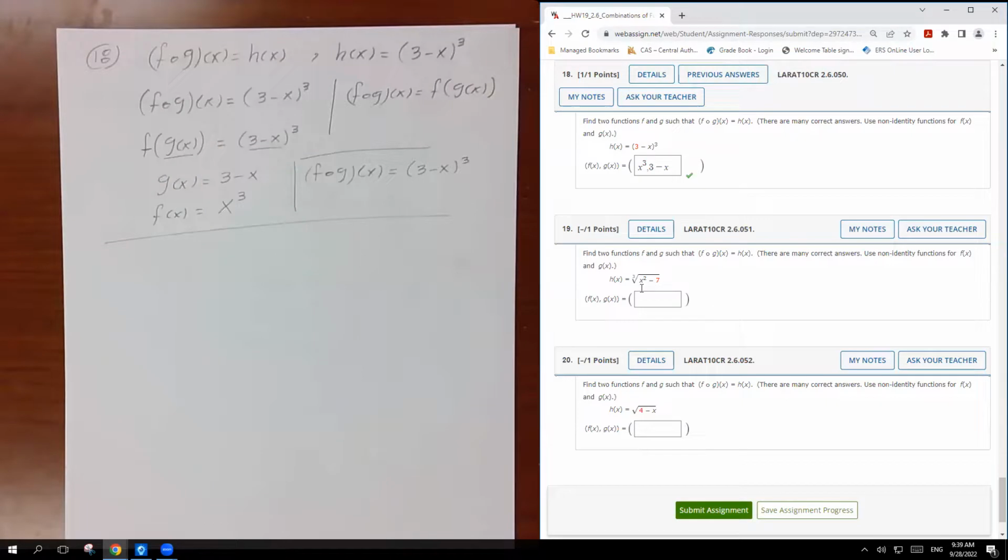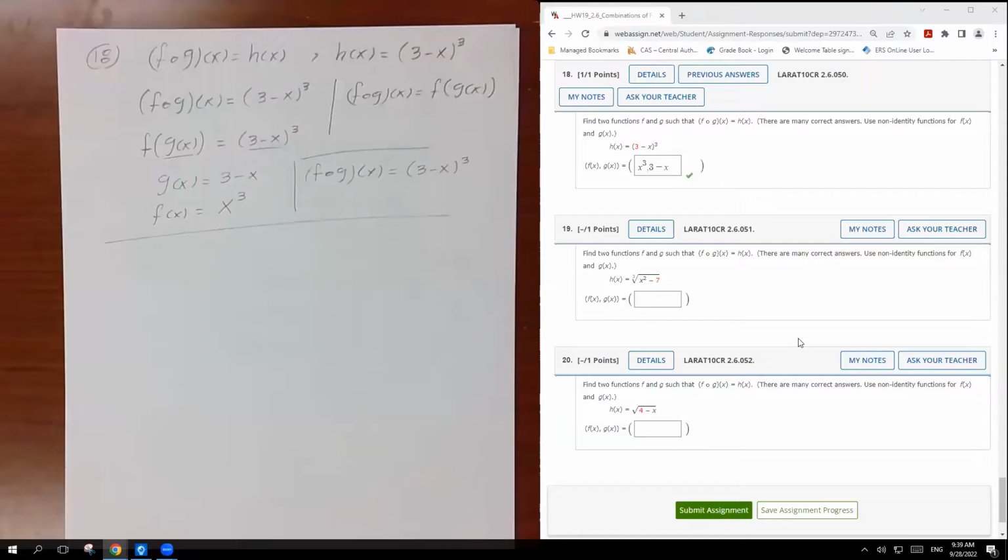So let's solve 19. Example 19, we're going to do exactly the same thing. Find two functions.